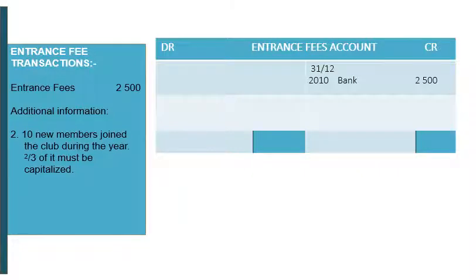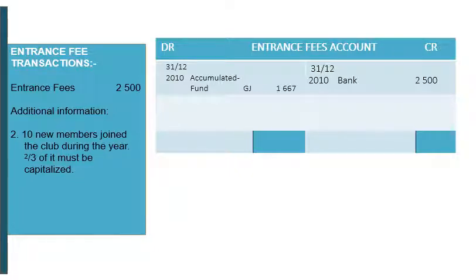Hereafter, a general journal will be drawn to transfer 2/3 of this amount to accumulated fund. We will therefore debit the entrance fee account with a 2/3 of 1,667, and the contra will read as accumulated fund.